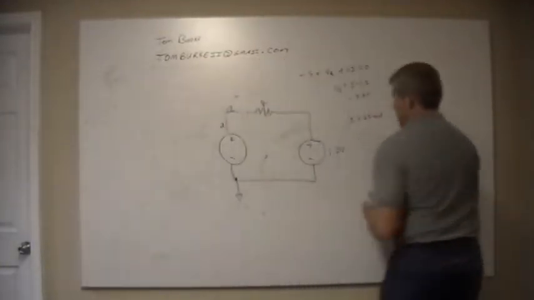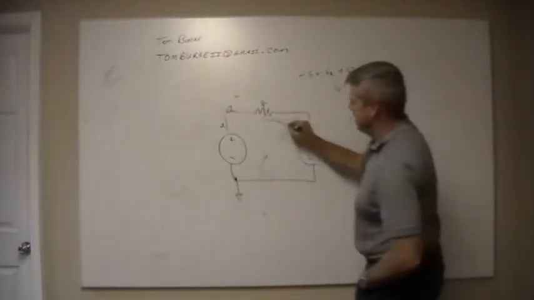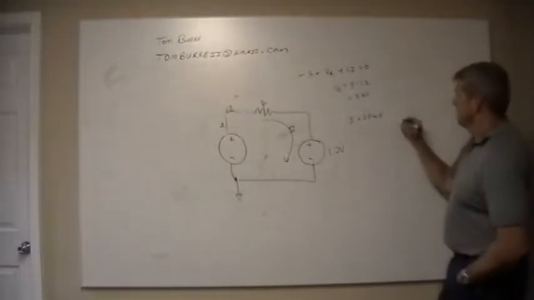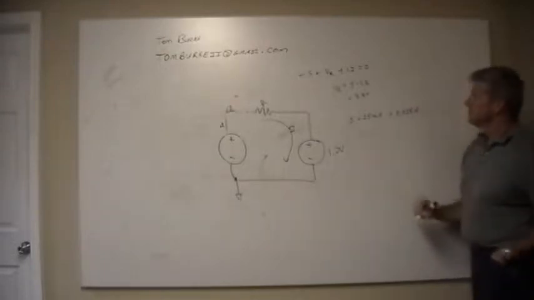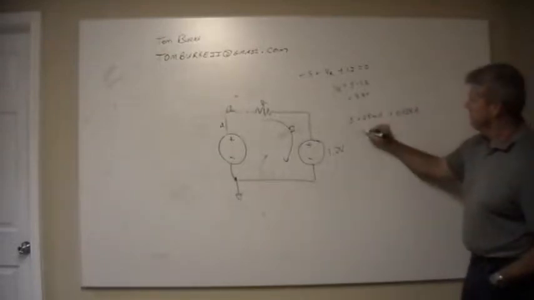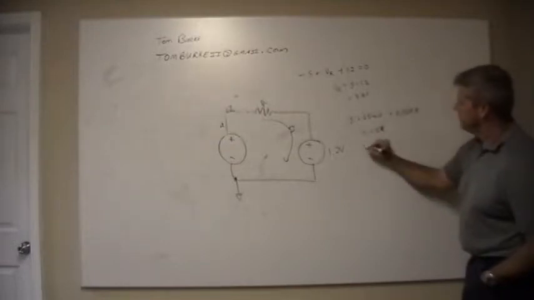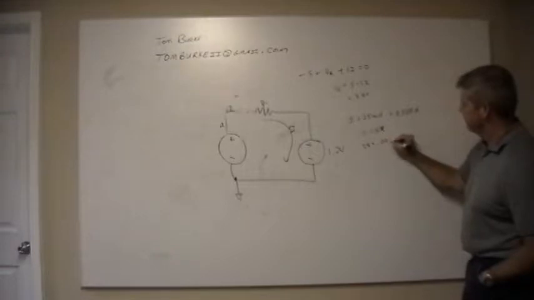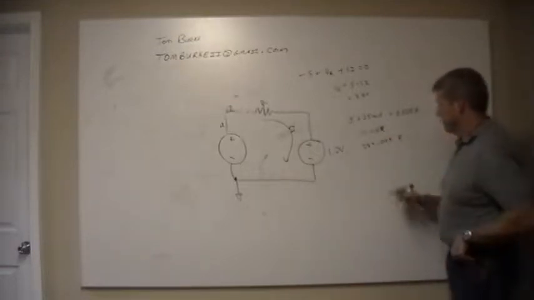So back to this after that diversion. You want your current here, I, to be limited to 25 milliamps. That's 0.025 amps. V equals IR, 3.8 equals 0.025 R. I left my calculator out in the car.